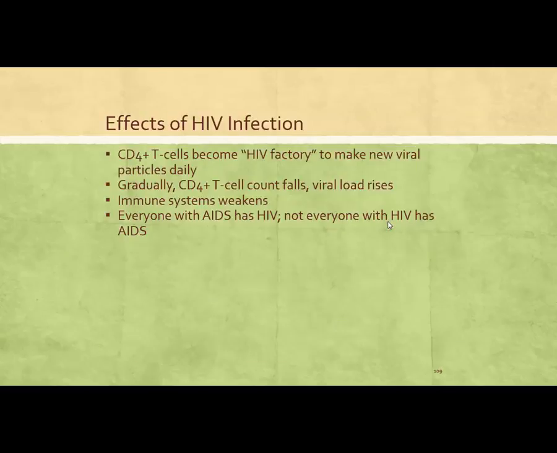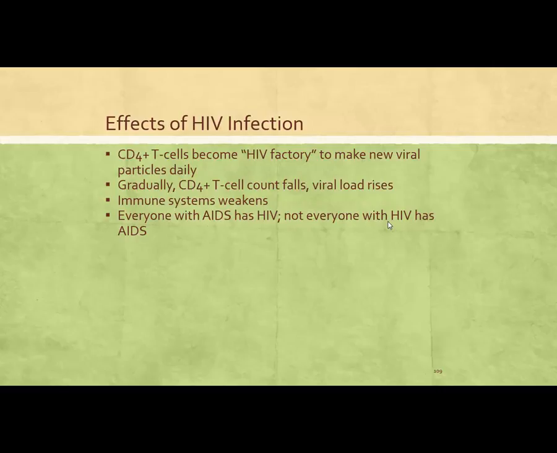The effects of HIV infection: once these CD4 T cells become infected, they become really kind of an HIV factory and can make up to 10 billion new viral particles every day. This new infected genetic instructions then tell how the CD4 T cells work.